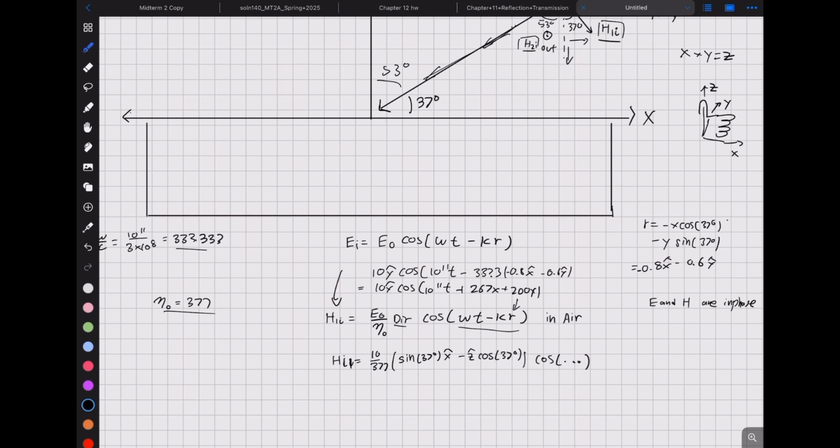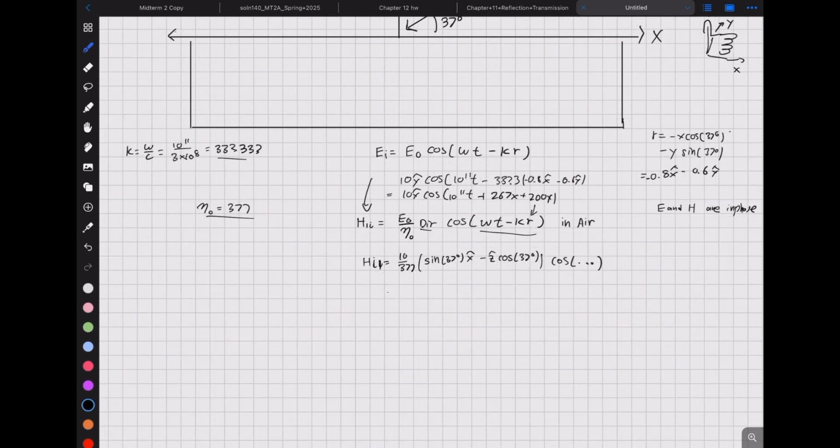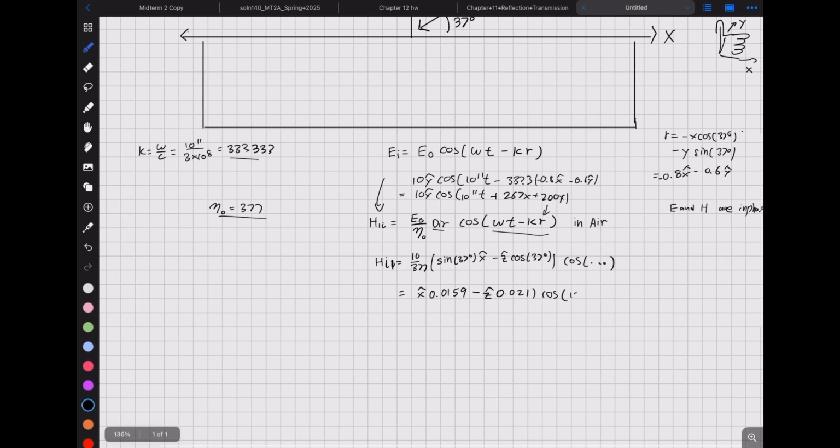I'm going to represent that as 3 dots going that way. After plugging in the calculator, we should have x hat 0.0159 minus z hat of 0.021, multiplied by cosine of 10 to the 11 t plus 267x plus 200y, amps per meter.